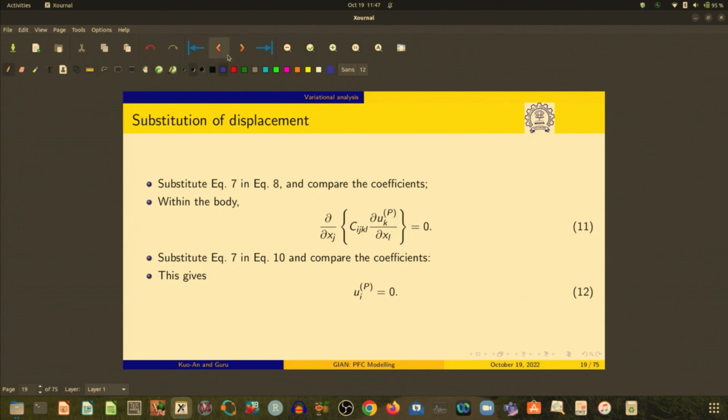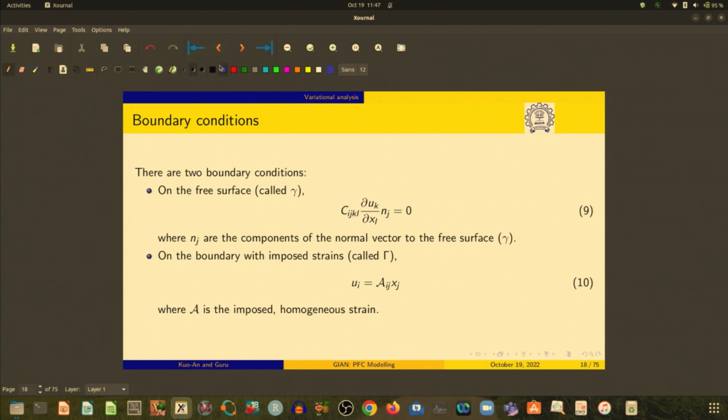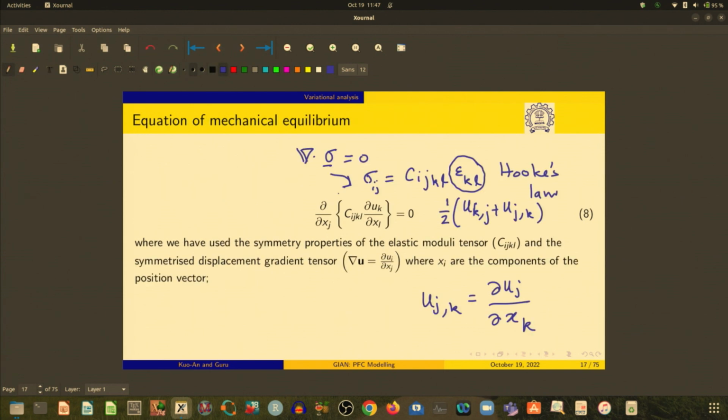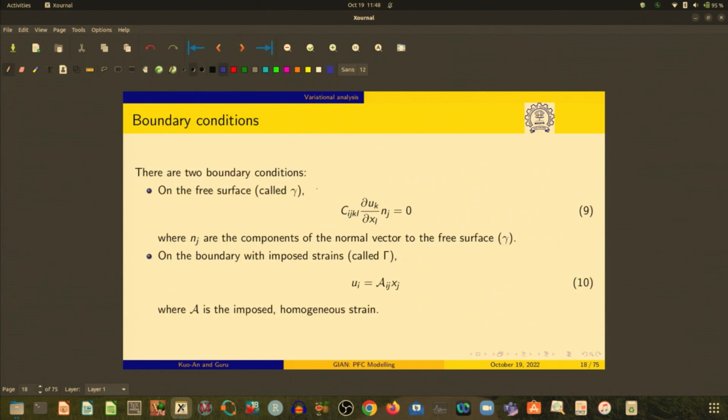Okay. Now, that is not the only condition. Remember, the equation of mechanical equilibrium is a partial differential equation, and a partial differential equation is not specified unless you specify boundary conditions. And so, we have two types of boundary.